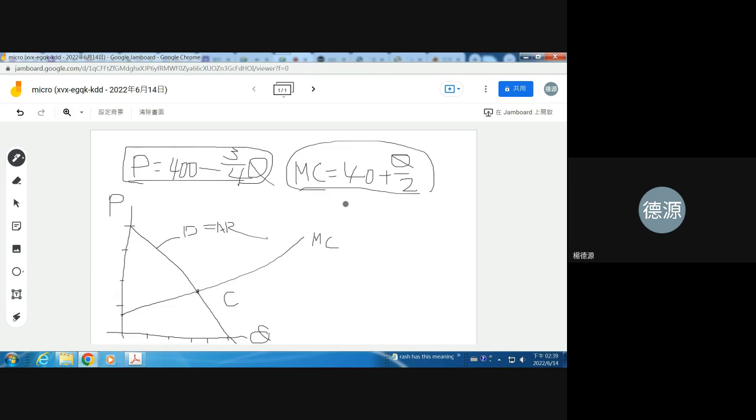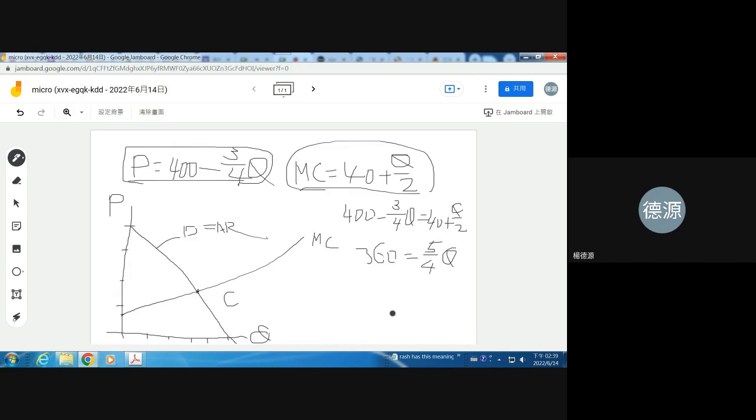So then it's going to be 400 minus 3/4 Q is equal to 40 plus 1/2 Q. Okay. So then what you get? You get 360 is equal to 5/4 Q. Okay.